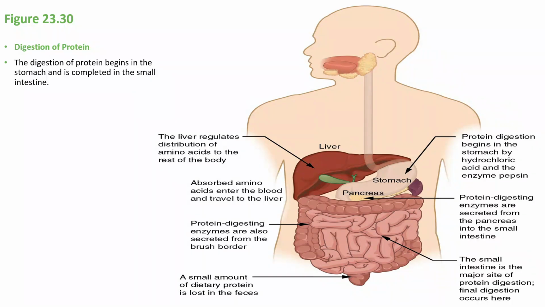As the proteins exit the stomach and make their way into the small intestine, there are protein digesting enzymes that are secreted from the pancreas into the small intestine. Once again, this being a major site of protein digestion where final digestion will occur. A small amount of dietary protein is then lost through the feces.